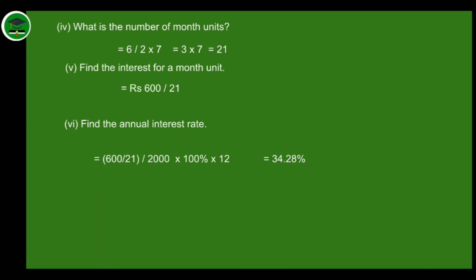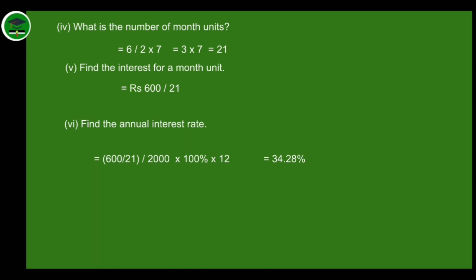Do you understand this? You have to pay the interest 600 over 21. I didn't simplify it, I keep it as it is. That is for 2000.